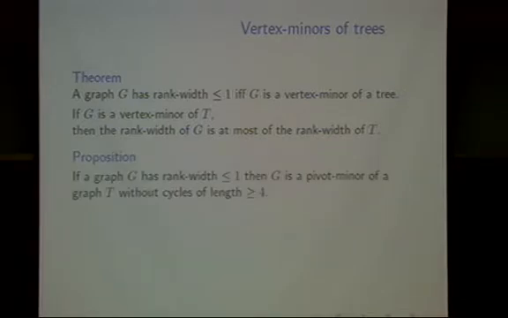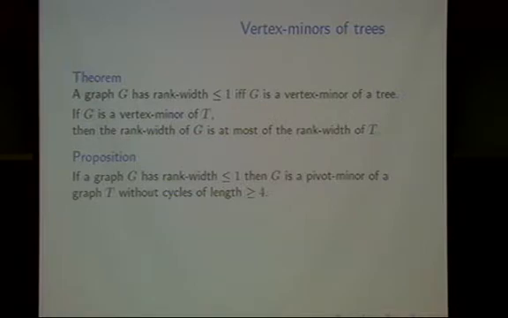We want to prove the only if part of the theorem, and we suggest the proposition. If a graph G has rank at most 1, then G is a pivot minor of a graph T without cycles of length 4.